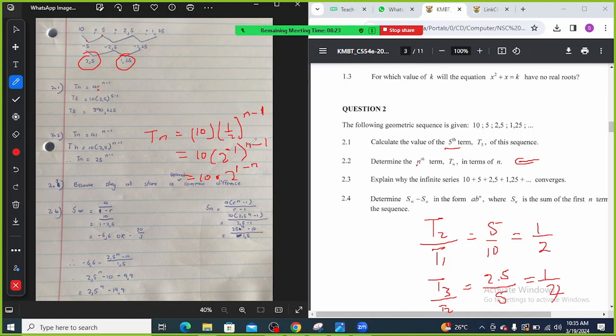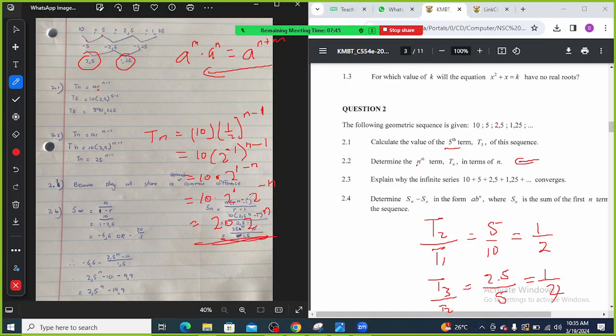Further, I can have 10 times 2 exponent 1 times 2 exponent negative n, because of the laws of exponents: multiplying the same bases, you keep one base and add the exponents. So 10 times 2 is 20, giving 20 times 2 exponent negative n.